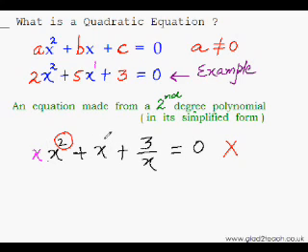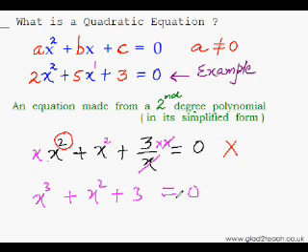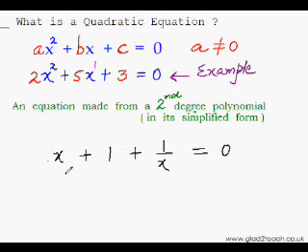X multiplied with this x will make it x square, and if we multiply this x here, it will cancel this denominator. X times x square is x cube plus x square plus 3 equal to 0. Now it shows its true color. Yes, this one is a cubic equation of third degree. Thus, it is not a quadratic equation.